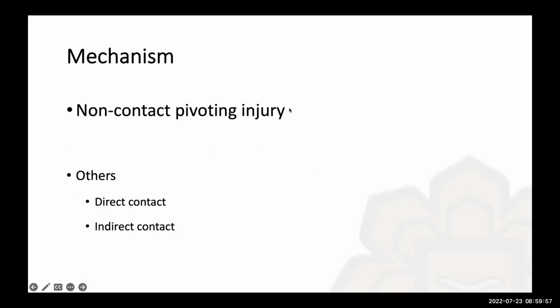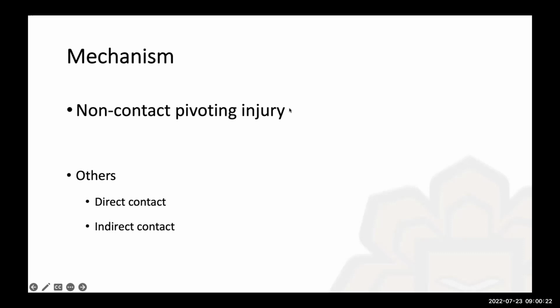So, the mechanism of injury of the ACL. I think about 60 to 70% is a non-contact type, a non-contact pivoting injury. Non-contact means there is no direct contact to the knee, but the force comes from distal to proximal from the knee.